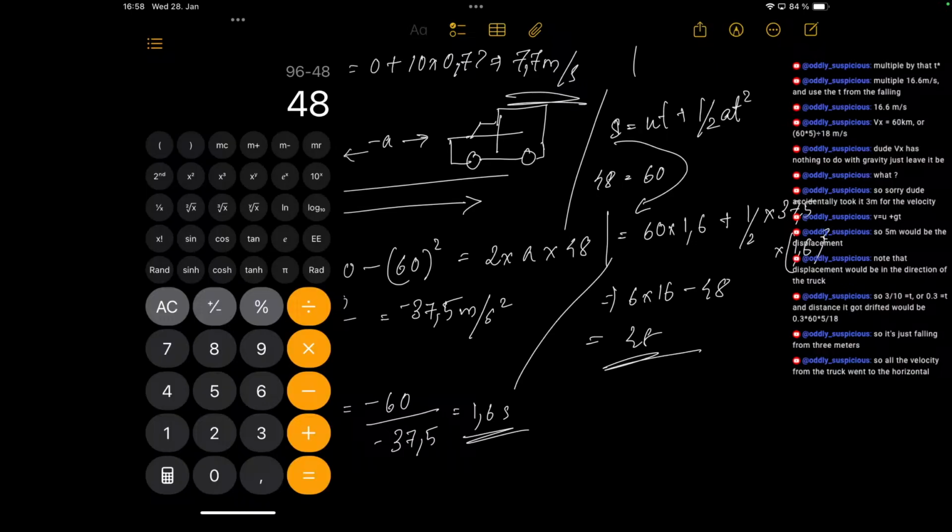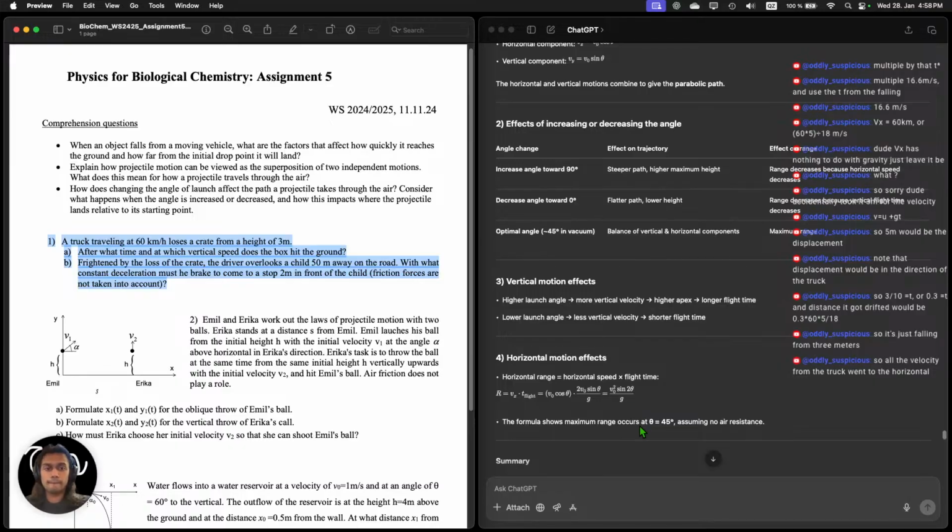Okay, that's correct. Oh, I forgot the conversion. I took it as 60 meters per second. I did not convert it. Let me convert it. I appreciate you for letting me know, okay? I really appreciate that.